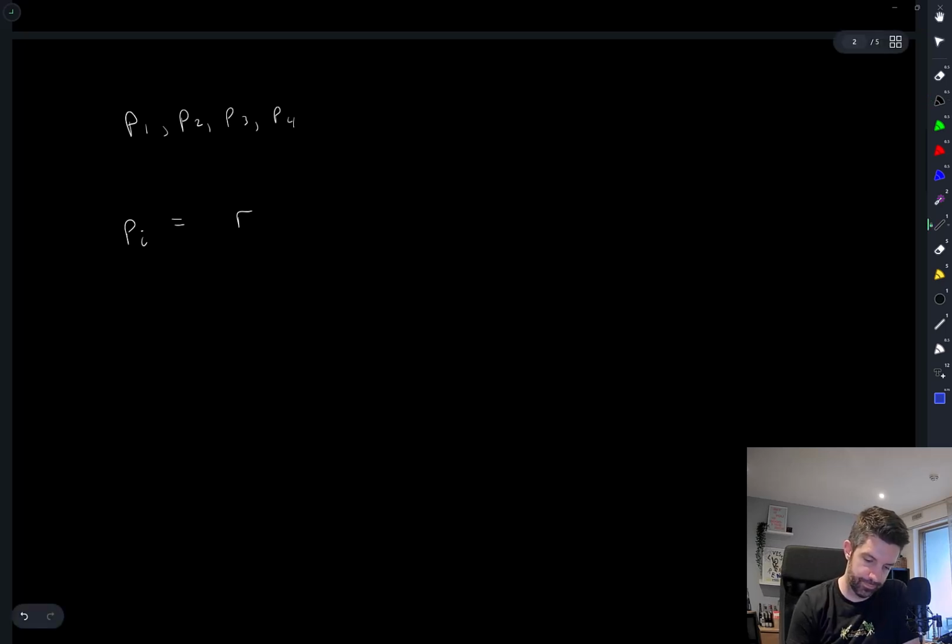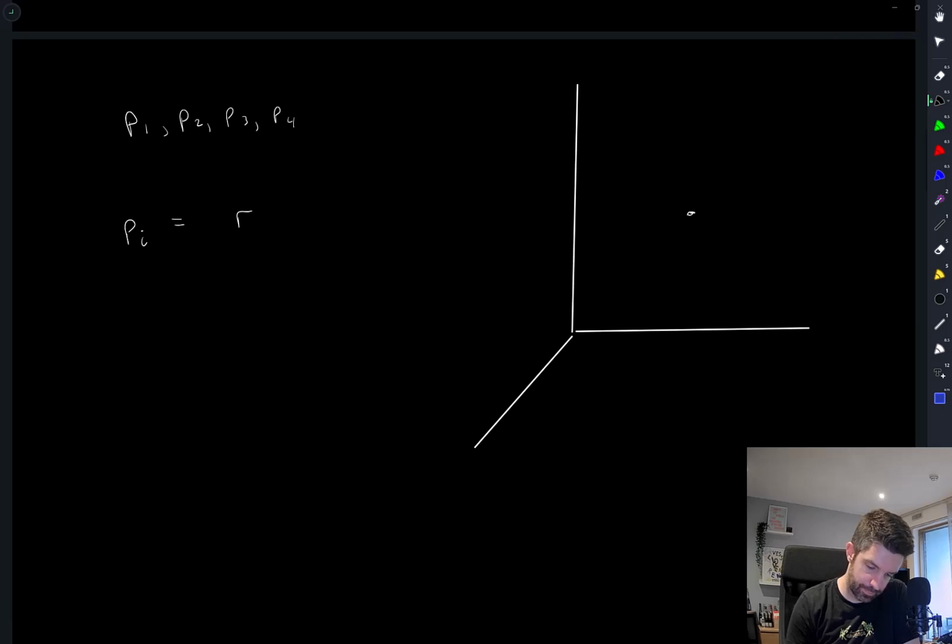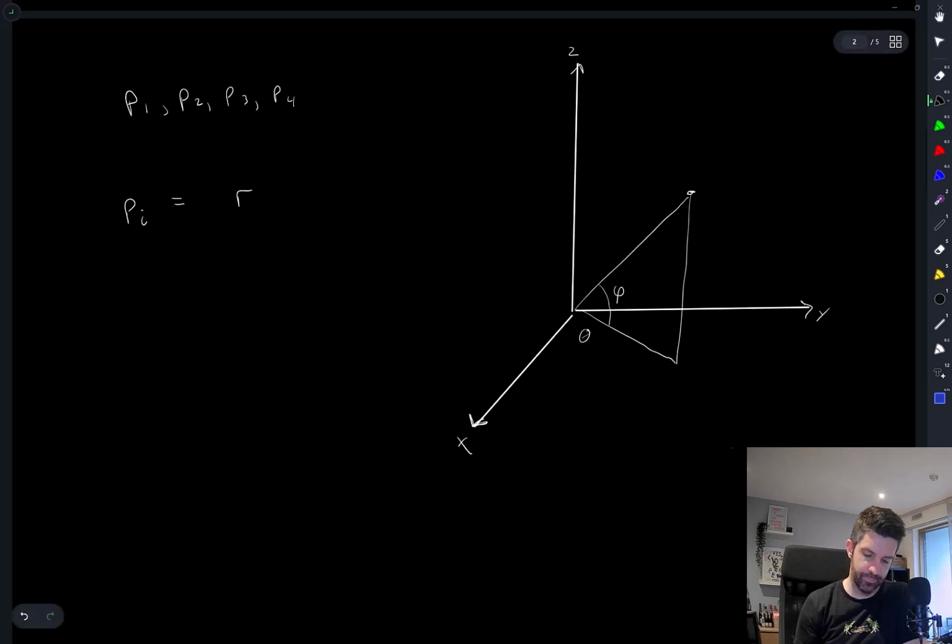Theta I don't actually have to worry about, because each theta is just going to be 0, 90, 180, 270.